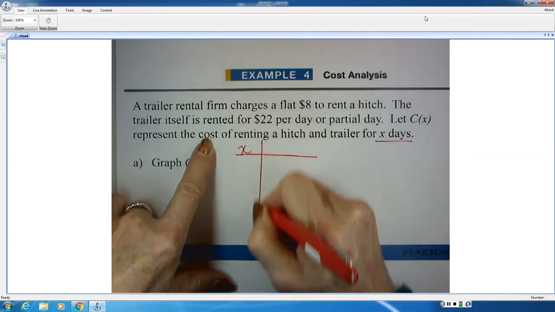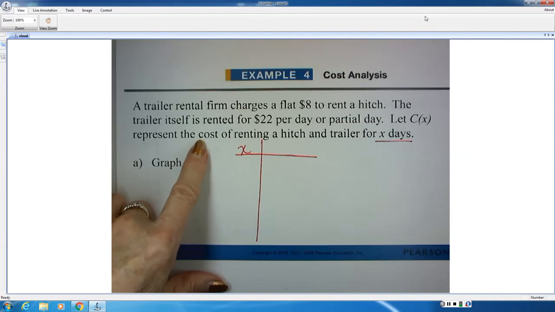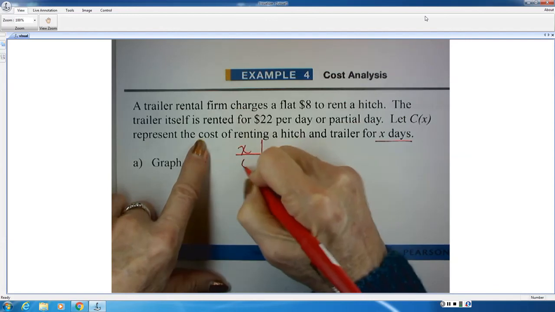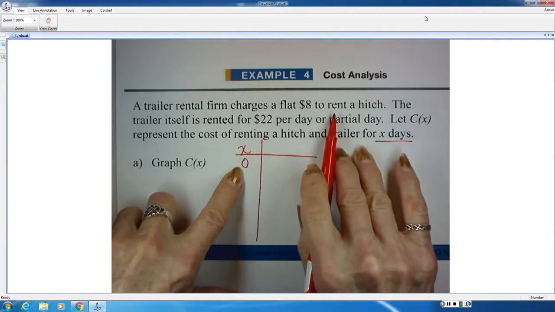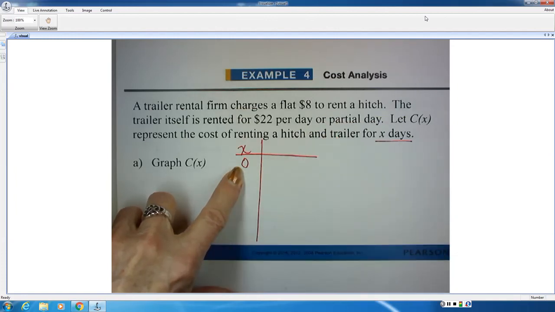What's the least number of days you can rent that trailer for? 0. Okay. What does it cost you to rent the trailer for 0 days? 0, because you're not going to rent the hitch if you don't rent the trailer, okay?